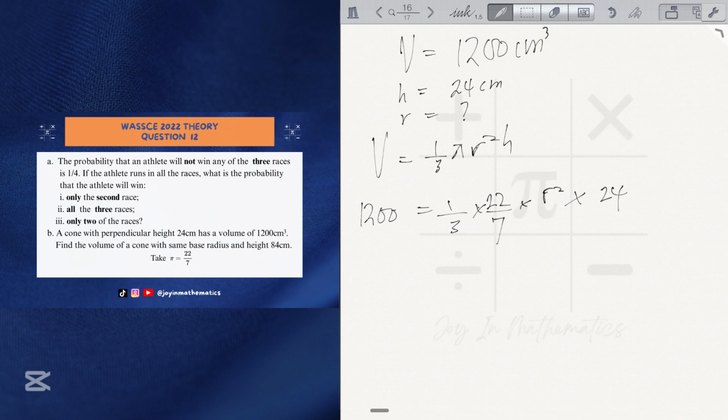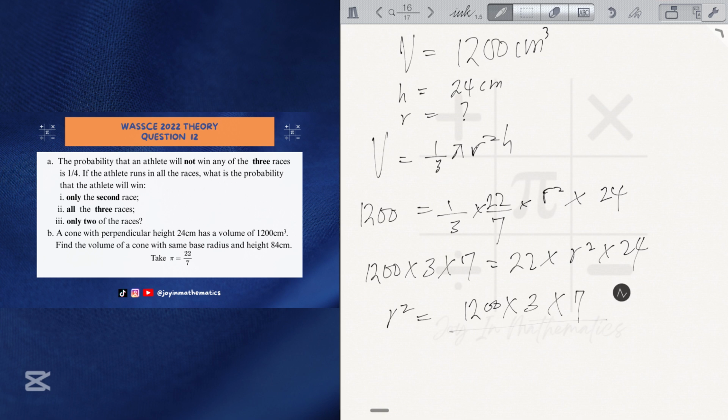So if we cross multiply, we have 1200 multiplied by 3 multiplied by 7 is equal to 22 multiplied by r squared multiplied by 24. So in view of this, we have r squared equal to 1200 multiplied by 3 multiplied by 7 divided by 22 multiplied by 24. So our r now will be the square root of the answer of this.